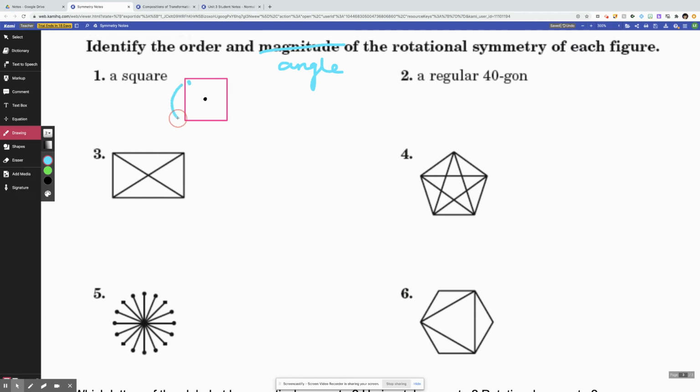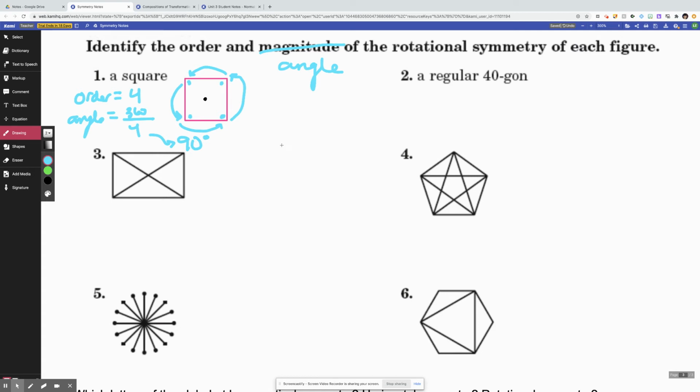Okay, so I can rotate this once for the dot to end up down here, twice for the dot to end up here, 3 times for the dot to end up here, and then a fourth time to get it back where it started. So my order here is 4, and that means my angle is 360 divided by 4, which is 90 degrees. Okay, so each of these turns, each of my little arrows here, is 90 degrees.